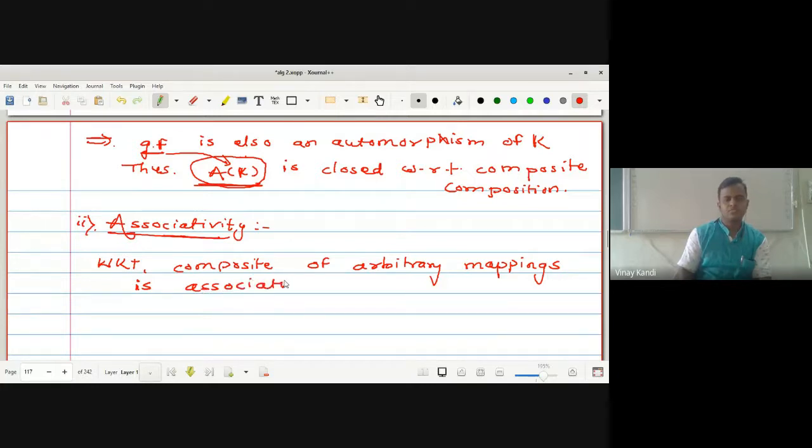So this implies the composite of automorphisms is also associative.